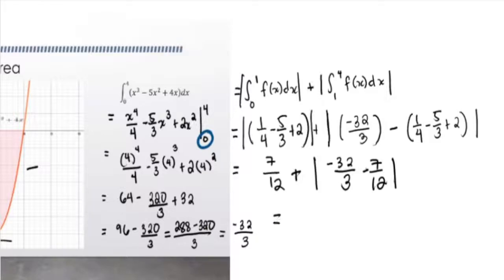So this one is 7 over 12 plus the absolute value. This would now be 128 minus 7 over 12.